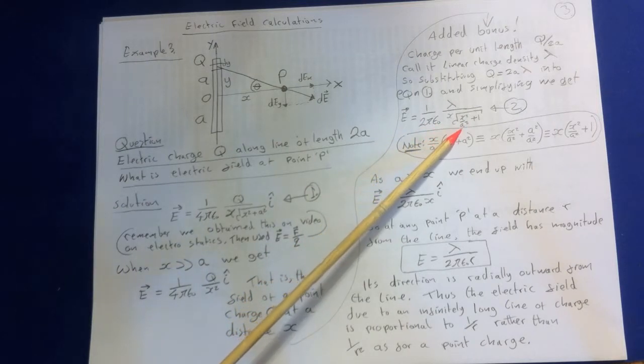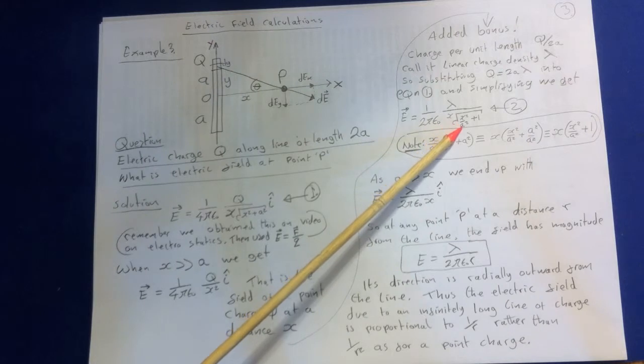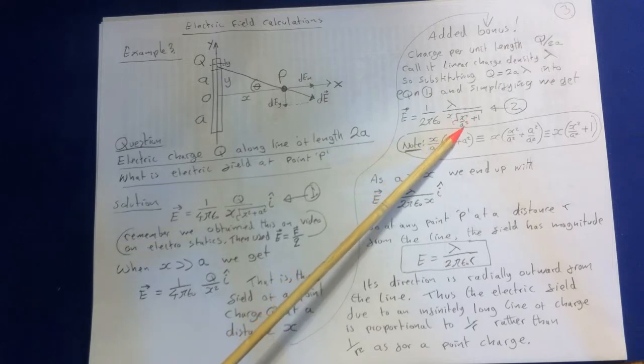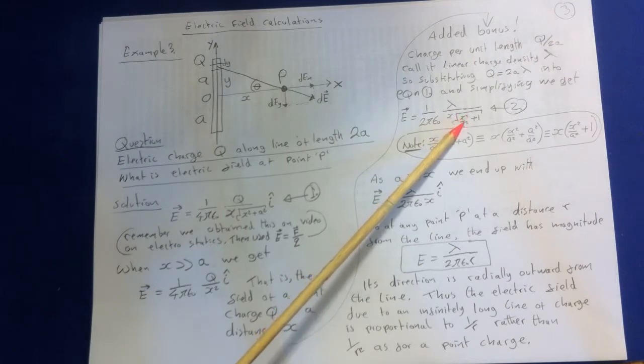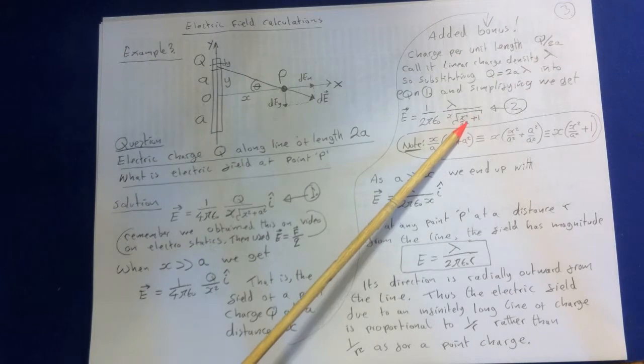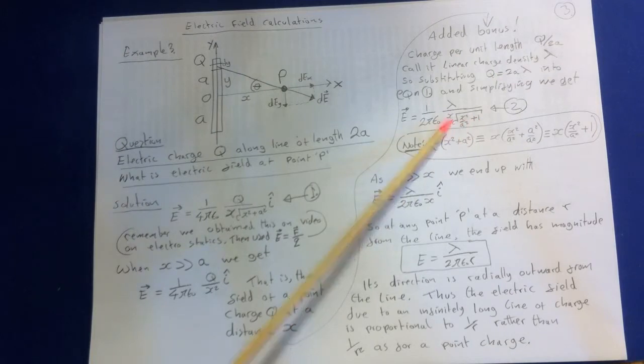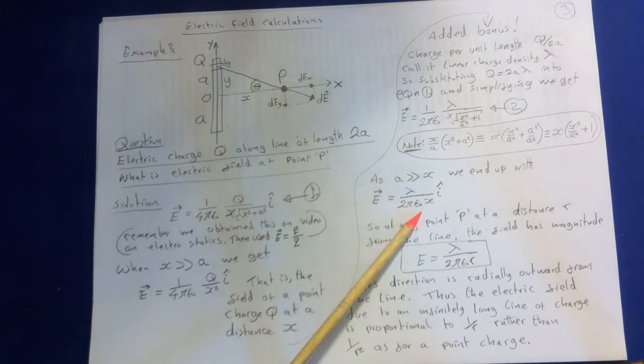So we let this little a underneath here become very large. In this limit, the term x squared over a squared in the denominator becomes much smaller than unity, so as a gets very big, this just goes to 0. Then we've just got the square root of 1, which is 1, and we end up with this.